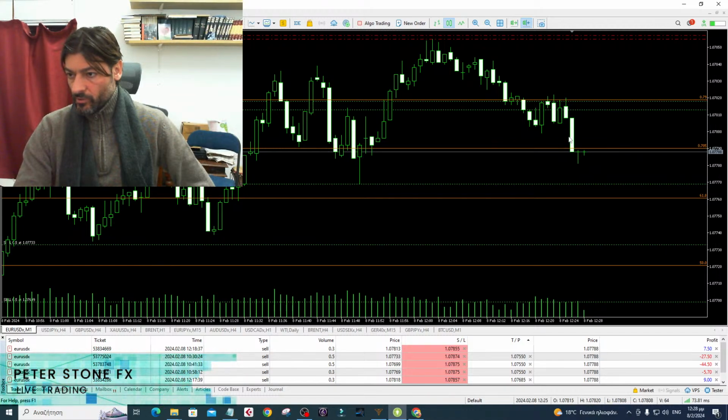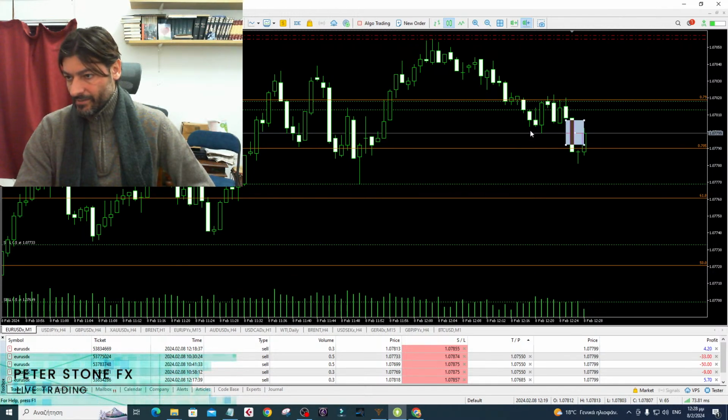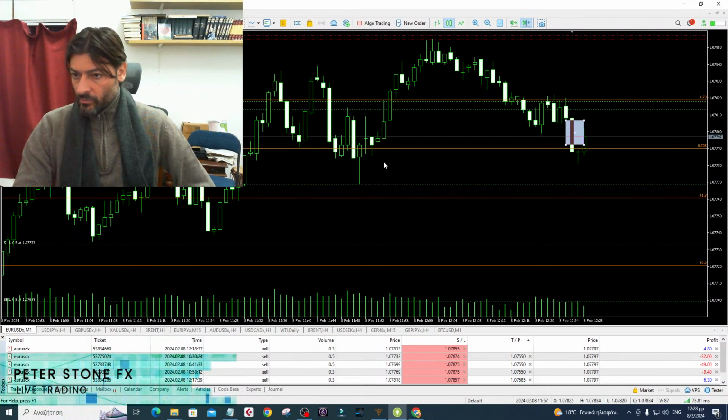I like this fair value gap that has been created. I don't like this candle at all because this wick might suggest here that we reach this bullish fair value gap and we're going up.